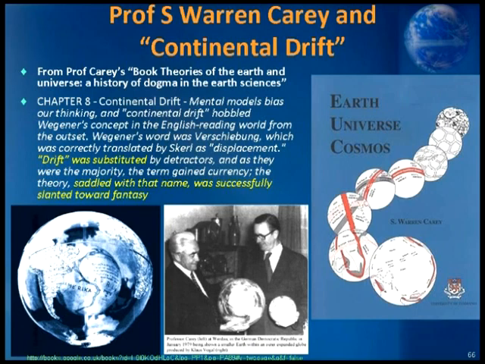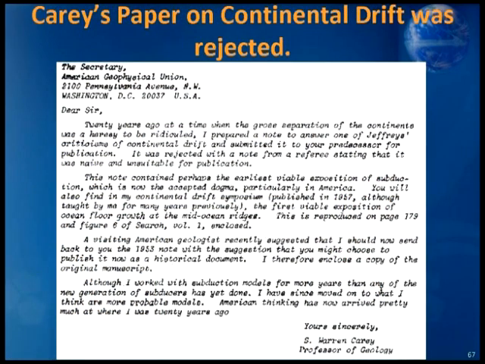But for example, we've got people like, is it Klaus Vogel or Kurt Vogel? I've got this on the next slide. He constructed this globe here, I think in the 60s or 70s, and he's got the smaller globe in the centre and then the glass sphere of the current globe to see how they map onto each other. Now, Warren Carey, his paper on continental drift was rejected when he wrote about it in 1957.